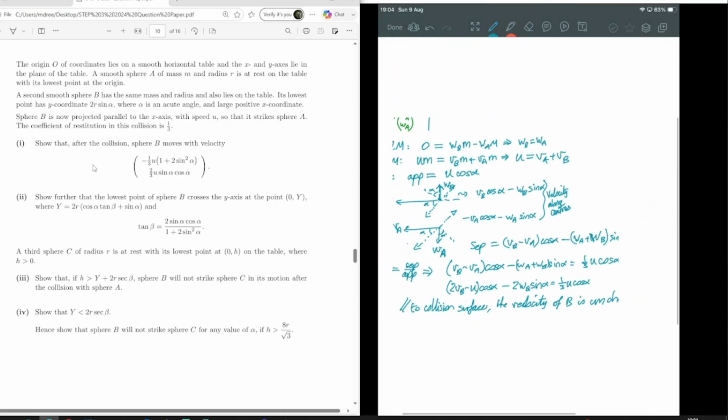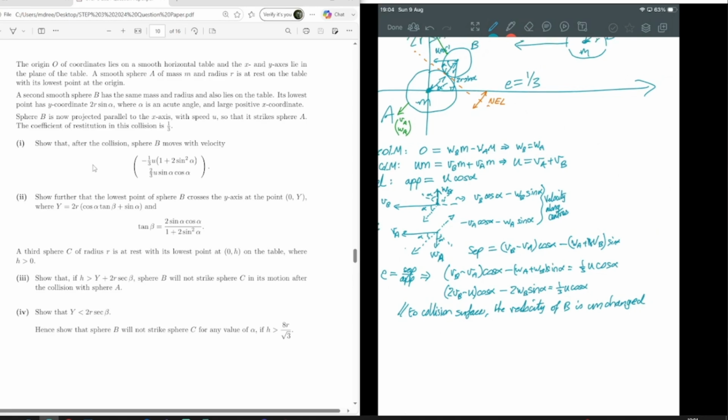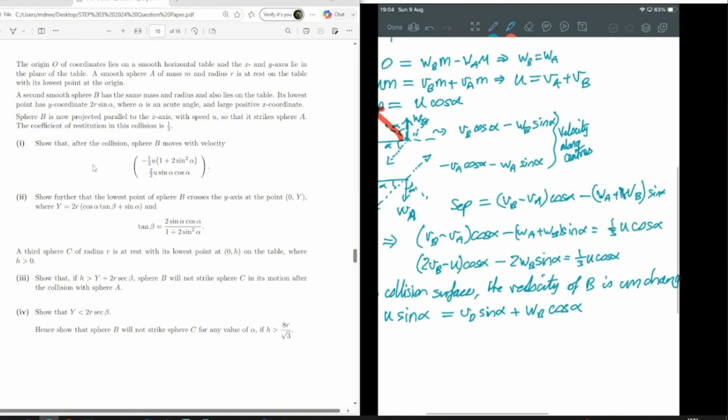So what was the velocity of A initially? It was u sine alpha, which is going to have to be equal to the velocity afterwards. So u sine alpha is in that direction, so I want the velocity in that direction, so that's going to be VB sine alpha plus WB cos alpha, and a good little sanity check, it is just swapping the sine and cos terms over.